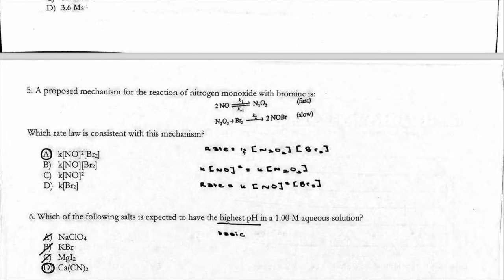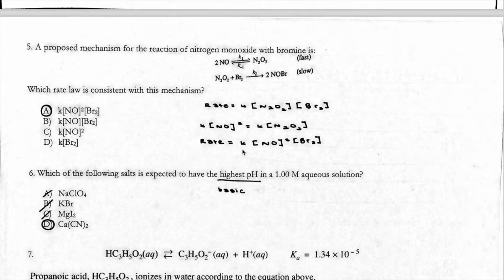Okay? In 5, it gives you this mechanism. Notice the first step is fast, the second one is slow, and it wants to know the rate law. So I'm going to use the slow step: rate equals k times the concentration of N2O2 times the concentration of Br2. But keep in mind, since N2O2 is an intermediate, you can't keep N2O2 in your rate law.